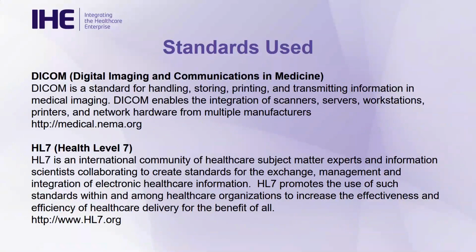But because of that, there's some ambiguity. DICOM may specify several different methods to do something, and you could have one system use the first method and one system receive a second method, and those two still can't talk well to each other. There's not the degree of interoperability we would like.